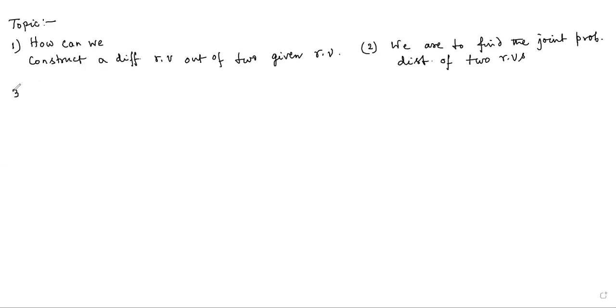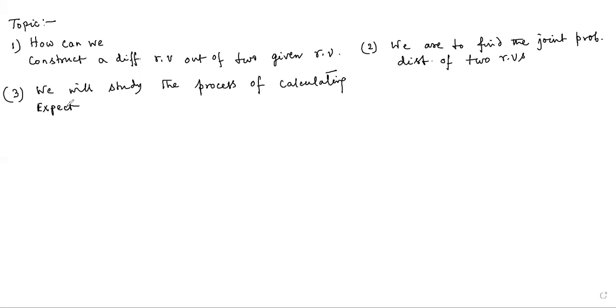And number three, we will study the process of calculating expectation, and we will see how they behave in the domain of bivariate distribution. Okay, so these are the three things that I'm going to discuss in today's class.